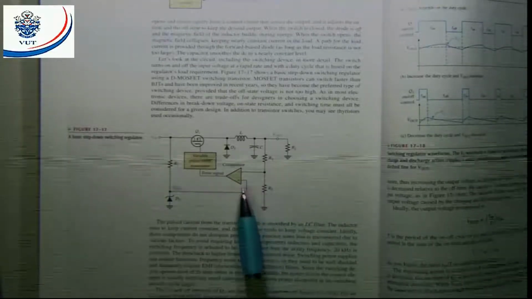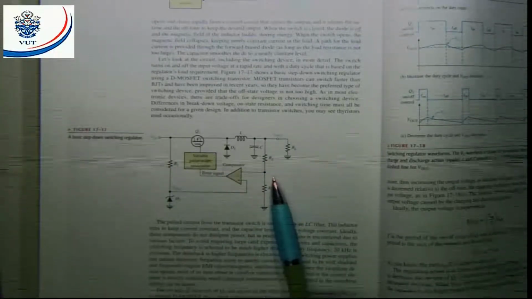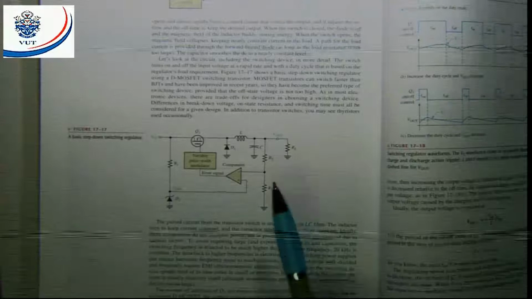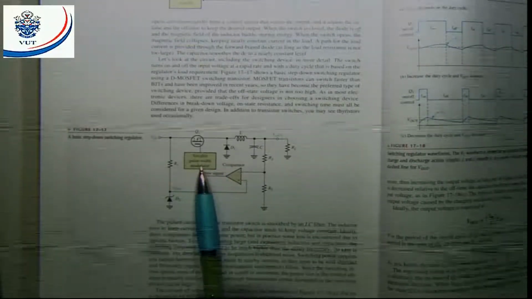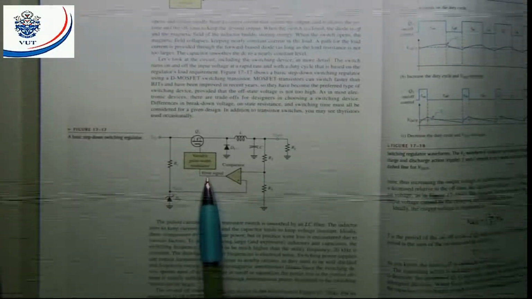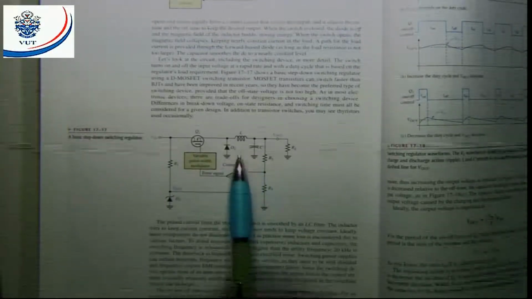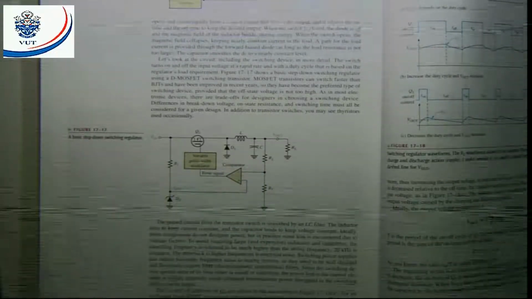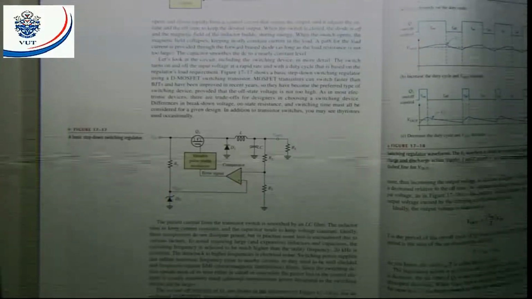We have our comparator that's going to sense the output, where we have a voltage divider or sampling circuit, and then we have a variable pulse width modulator that's going to vary our pulse width depending on the error signal coming from the comparator, and here is my LC circuit. The diode there is just to protect my transistor, and that's the purpose of the diode.